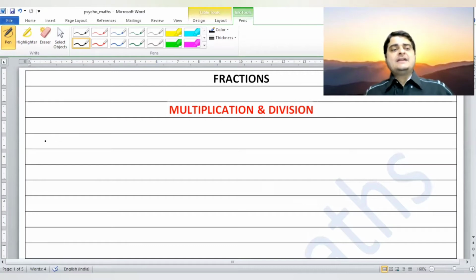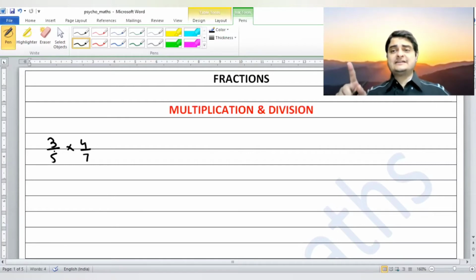Let us say our example is 3 by 5 multiplied by 4 upon 7. It is 3 by 5 into 4 by 7. How we need to calculate is, you can cut or set the tables with the numerator and denominator.